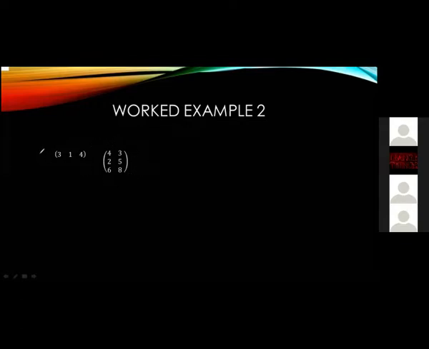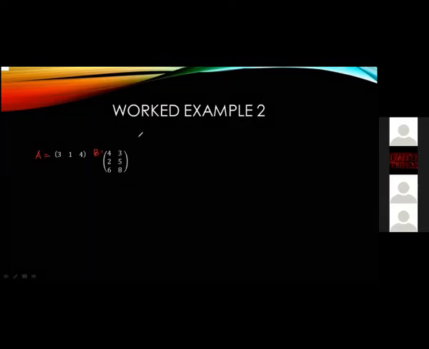Let's say this matrix is matrix A and this matrix is matrix B. In matrix A, we have 1 row and 3 columns, but in matrix B, we have 3 rows and 2 columns.